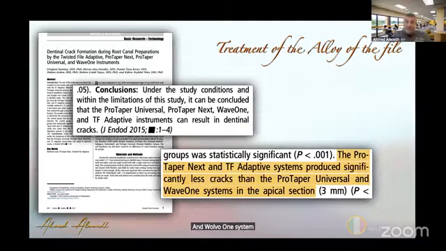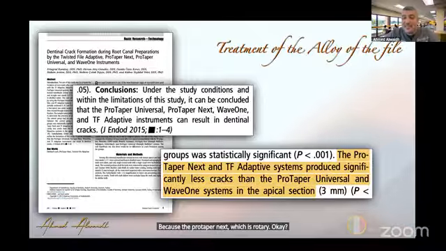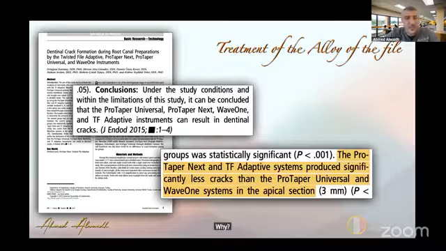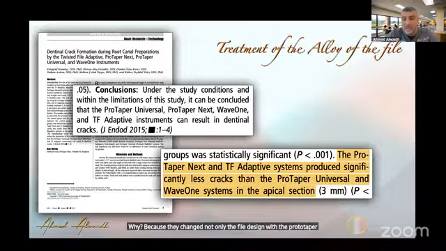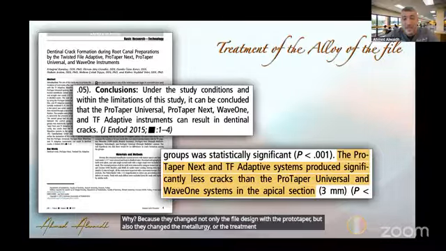This is very nice, because ProTaper Next, which is rotary, produces fewer cracks than ProTaper Universal. Why? Because they changed not only the file design with the ProTaper, but also the metallurgy or the treatment of the NiTi.